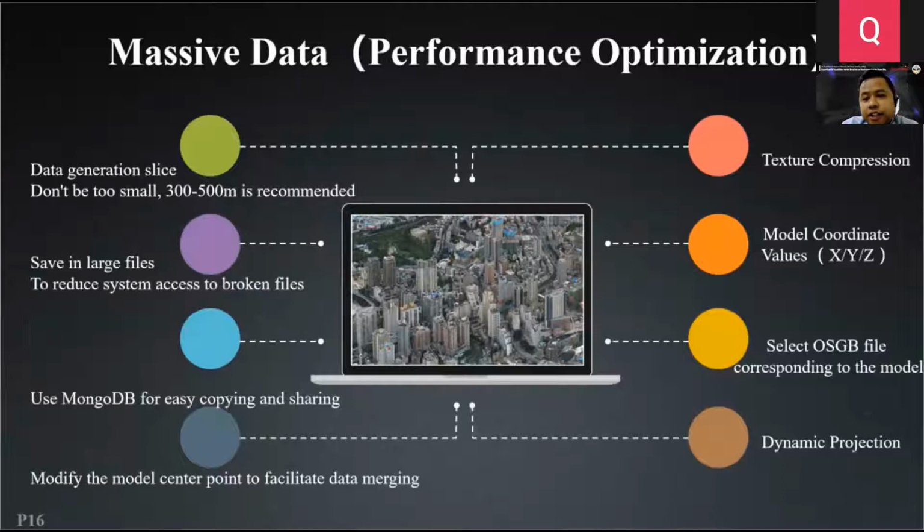It is recommended from 300 to 500 meters. The other one is to do texture compression and then save in large files to reduce the system access to broken files. And then you can use MongoDB for easy copying and sharing, as MongoDB is well known for its performance. And also there are other ways.